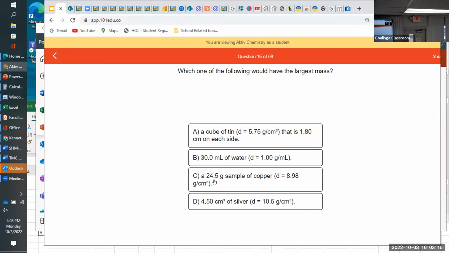We just look at the mass, so that is 24.5. This one up here, we need to convert into cubic centimeters. So we go 1.8 cubic centimeters, and then multiply that by the density to get the mass. Then this one, 30, would be greater than C, so we can eliminate C. And this one is greater than 10, so it's going to be greater than 30.